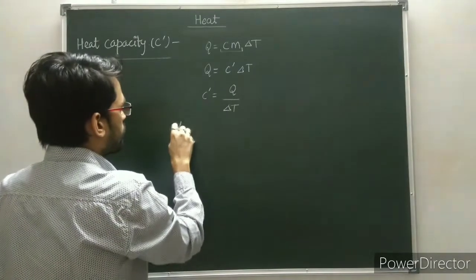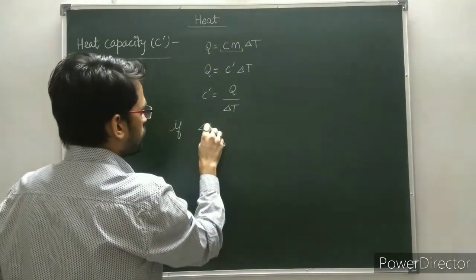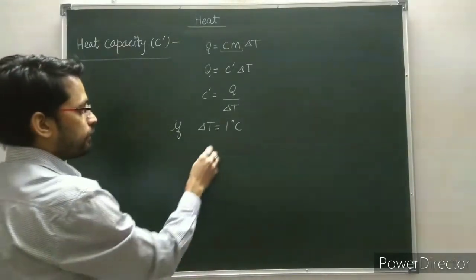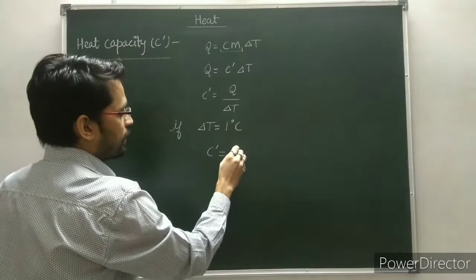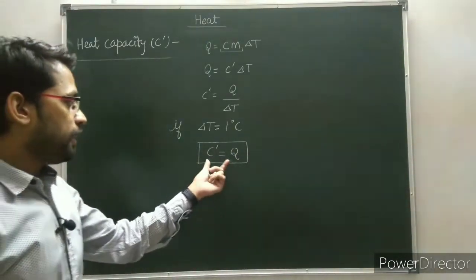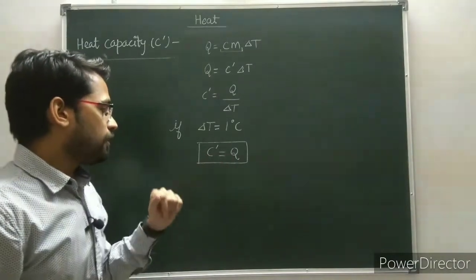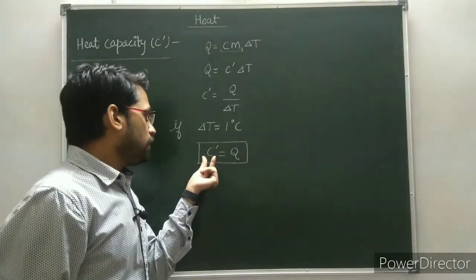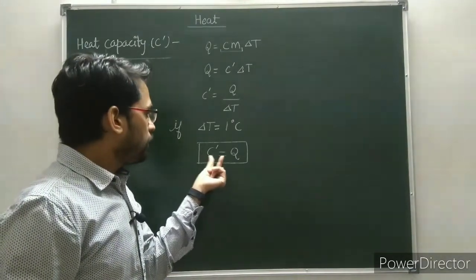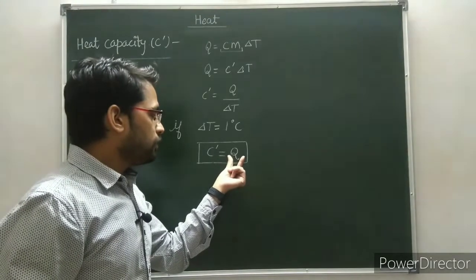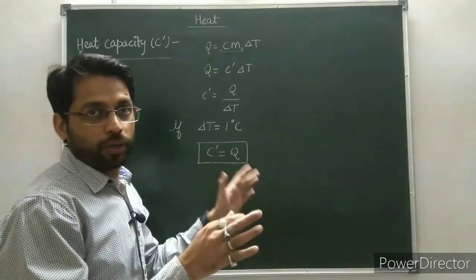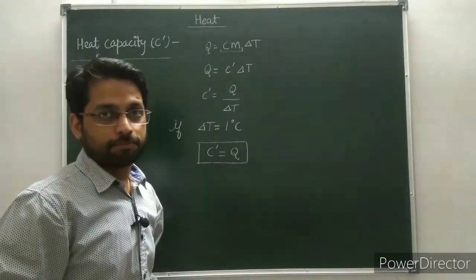Now if delta T is equal to 1 degree Celsius, then heat capacity C' is equal to Q. Now we can write the definition of heat capacity: heat capacity of a body is equal to the amount of heat required to raise the temperature of the whole body through 1 degree Celsius.